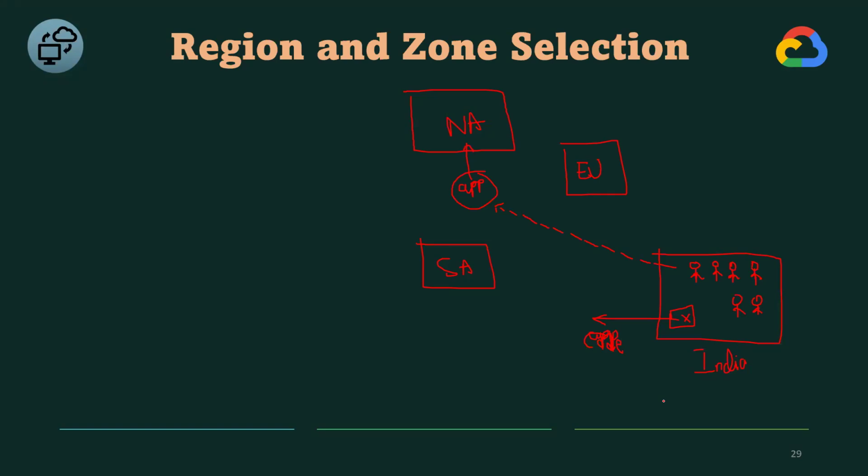Instead of deploying in the North America data center, deploy in a location which is near to you, so that your users can easily connect to the application with very little network lag, and your application is highly available to them. So this is our first point.